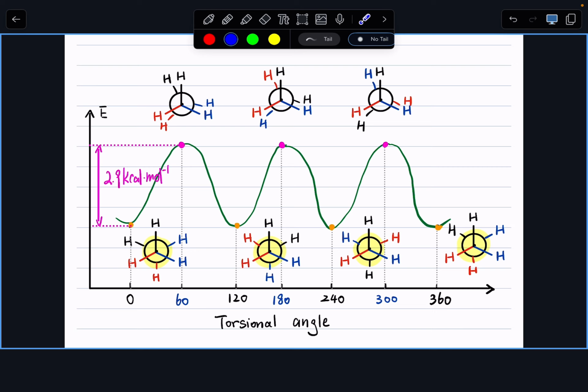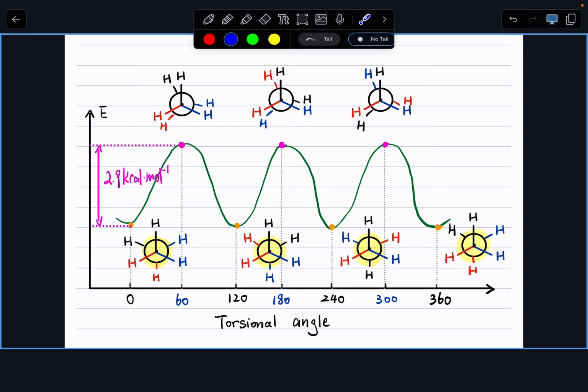The y-axis is energy. On the x-axis, we have our torsional angle, that's a dihedral angle between your hydrogen-carbon, carbon-hydrogen bonds. So in this case, what are we looking at? I'm just going to rotate my molecule with you. I think I built it a little bit differently, so I'm just changing the molecule so that it fits the drawing on the figure.